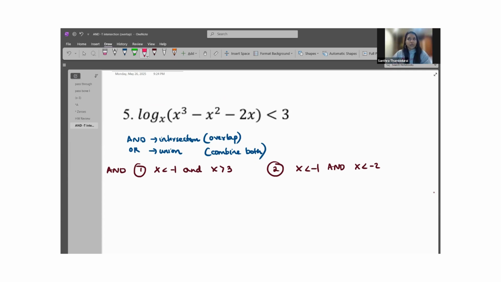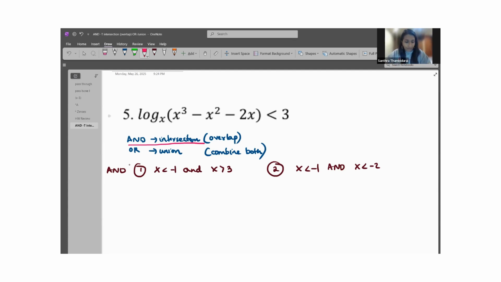So, different compound inequalities can be combined by either an and or an or, right? If it is combined by an and, you need to remember that means it's an intersection they're looking for. So with both inequalities, you're looking for an overlap.